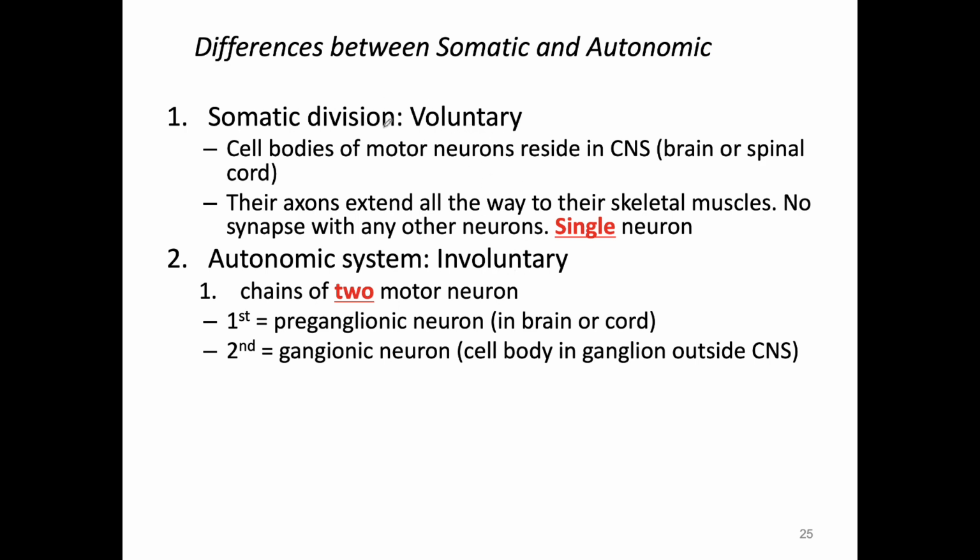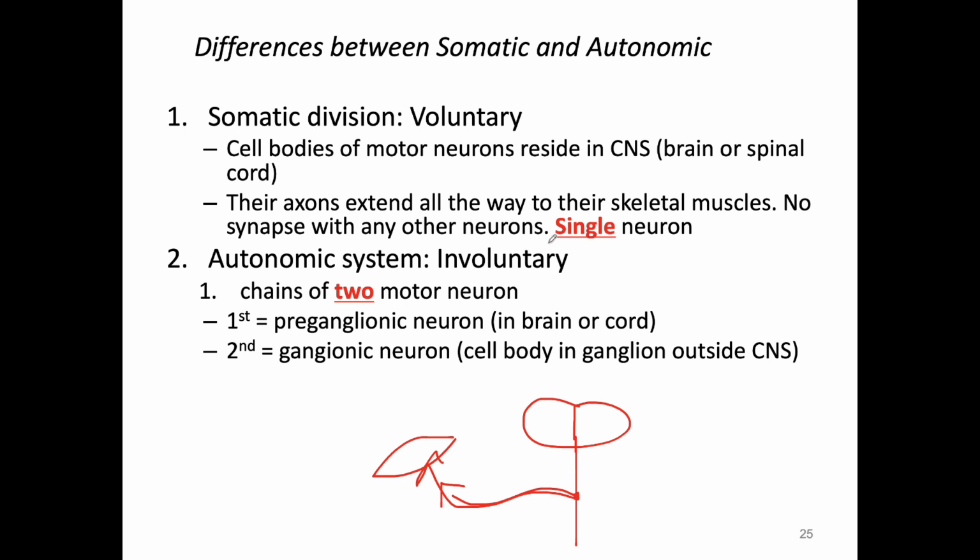The somatic division, the division that goes from your brain, that's my amazing brain here, out towards your spinal cord, and from the spinal cord out towards, let's say, your bicep muscle. The somatic division is a single neuron. It starts in the spinal cord and it goes all the way towards the muscle it's going to innervate. You can imagine these are pretty long.